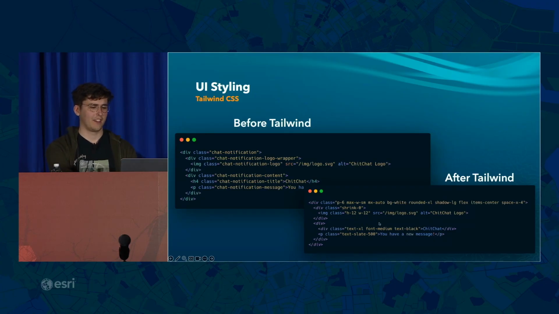You can see here we have things like h-12, which is essentially saying, give this a height of 12 units. The nice thing about Tailwind is everything is accessible by looking at it rather than having to refer to another file. This might mean you end up writing more.